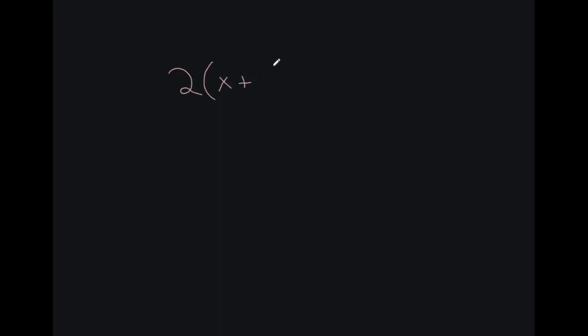So for this one, we will have 2 times the quantity of x plus 5. Our outside multiplier is 2. Inside we have x plus 5. Let's distribute 2 times x plus 2 times 5. I switched to using the dot for our multiplication sign just so we don't get it confused with the x.